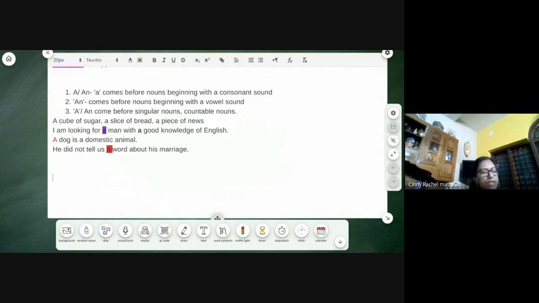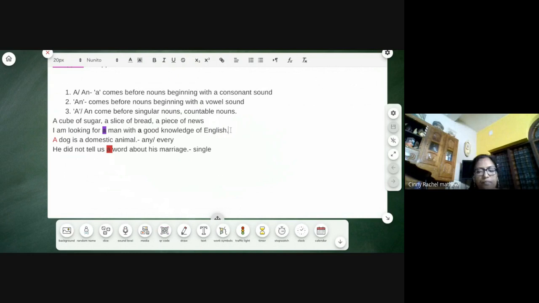He did not tell us a word about his marriage. A here means single, a single word. A dog means any, every dog.